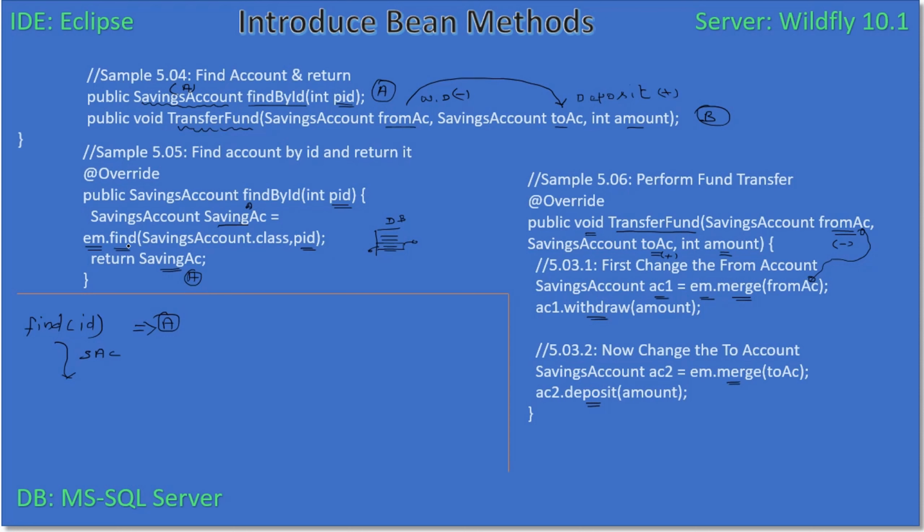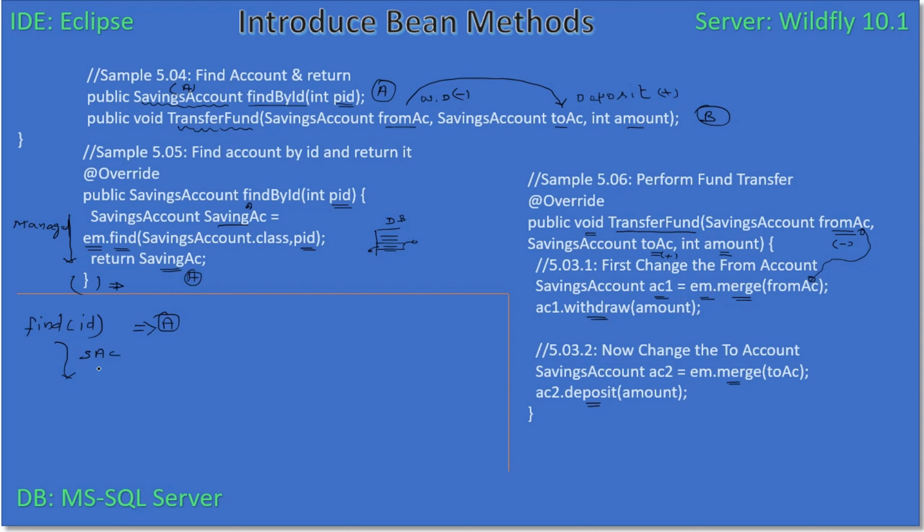Find method em.find returning a savings account. Till this stage, it will be in the managed state. And once the method is returned from here, if there is any pending transaction that needs to be committed, that will get committed on the managed entity. Here the entity is a savings account.